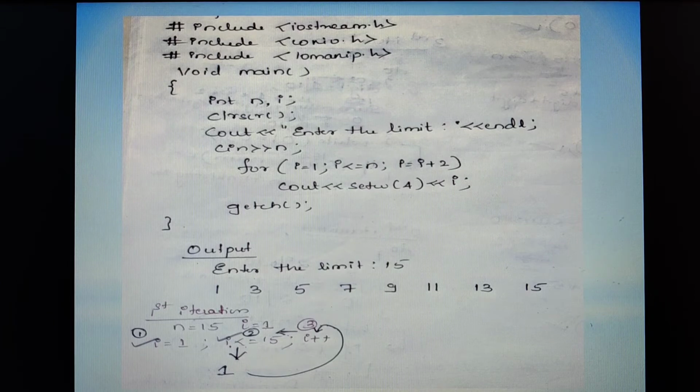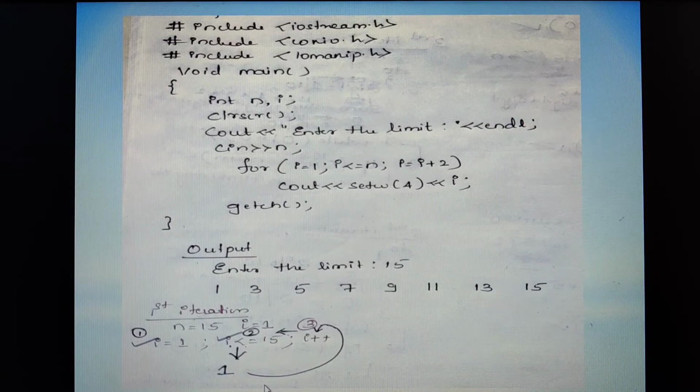So how does the increment happen? I value currently was 1. So 1 plus 2, first the calculation happens and then it is assigned to the left hand side. Therefore, the new value of I will become 3, that is 1 plus 2 is equal to 3. I hope children you are able to understand.